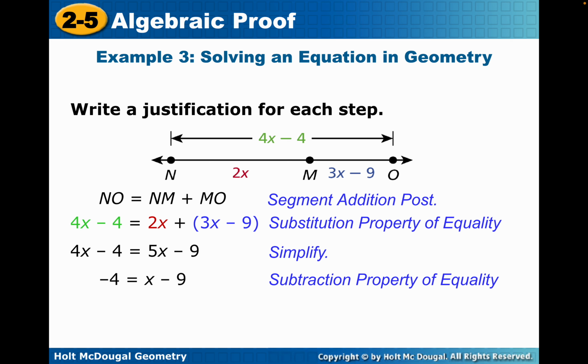Now what do I have to do for my next step? Yeah, add 9 over, so we get x equals what? x equals 5. And we added 9, so that's going to be our addition property.